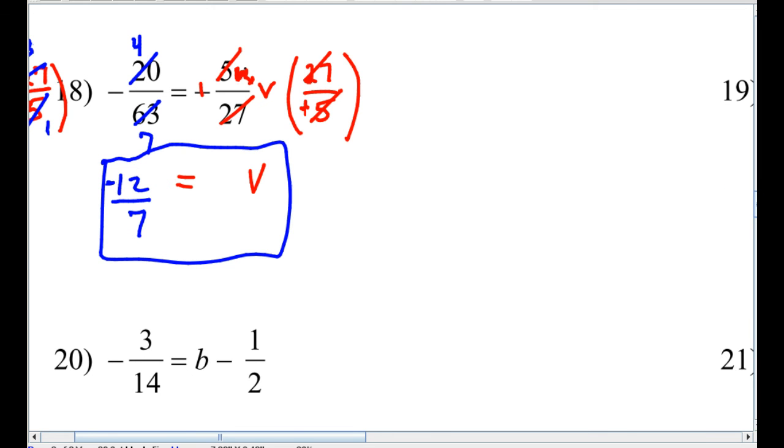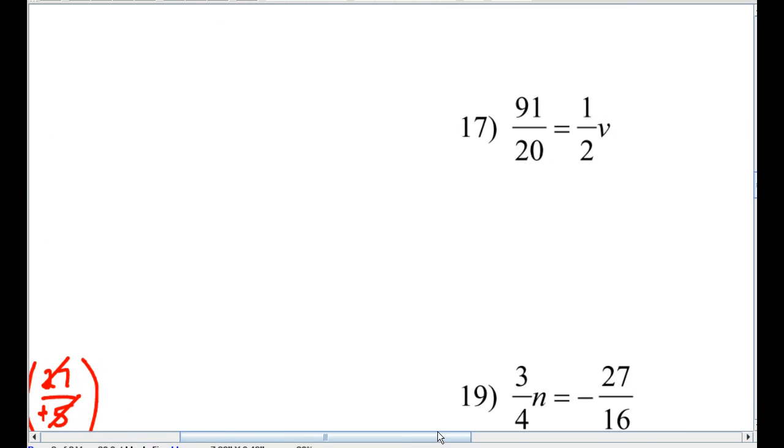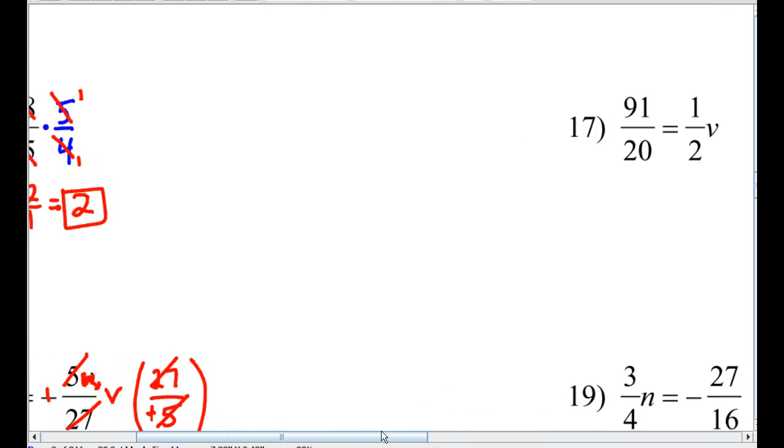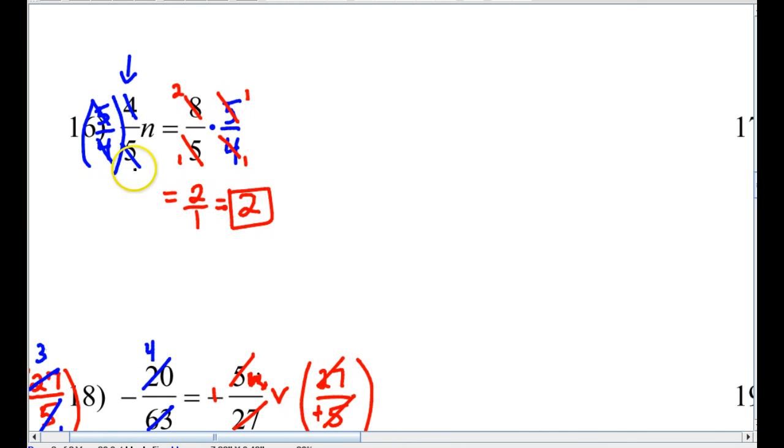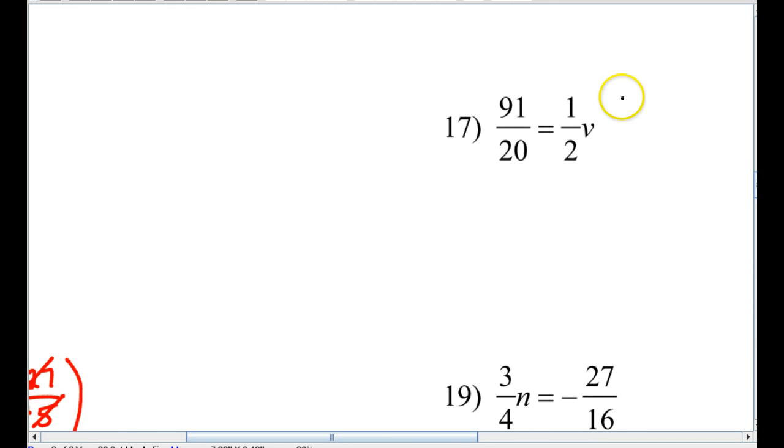Now, 17 is very similar to number 16. So instead of 4/5, you have a coefficient of 4/5. Coefficient is just 1/2, right? So instead of multiplying by 5 over 4, now you have to multiply by the reciprocal.